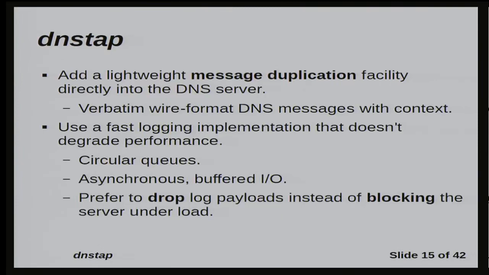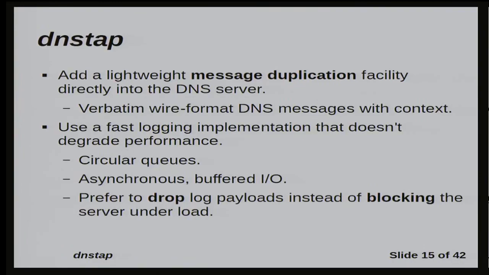So we're going to use various implementation tricks like per-thread circular queues for each worker thread. We're going to do asynchronous buffered I/O so we don't block any threads from making progress doing their real job, which is to actually respond to clients.